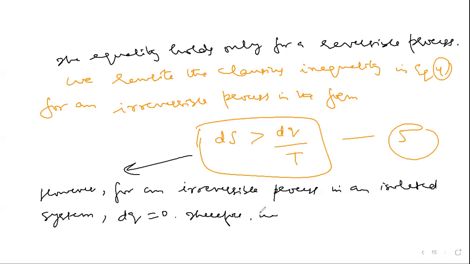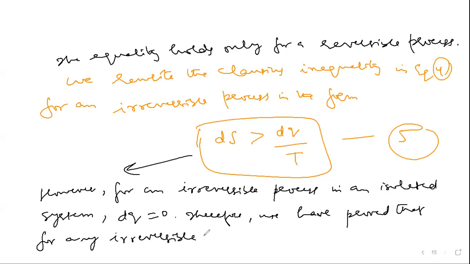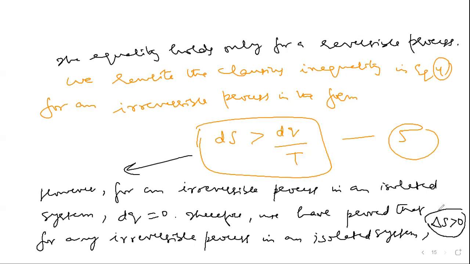Therefore, we have proved that for any irreversible process in an isolated system, delta S is greater than 0, right?